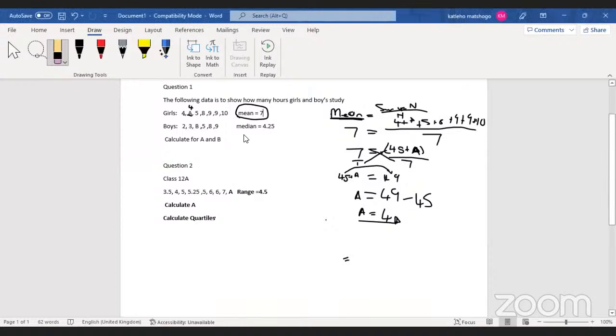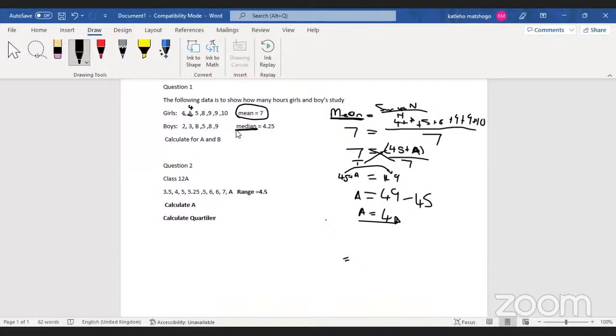So listen to me now. So this is the set of data. Number one. That is our set of data. The 2, the 3, the B, the 5, the 8, and the 9. Here we are given a median.